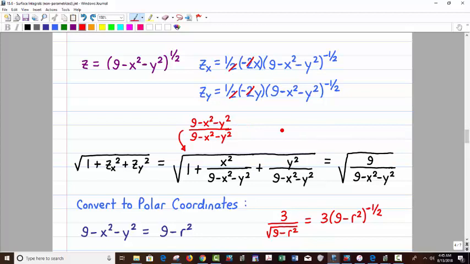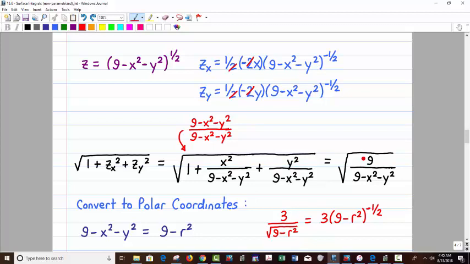I didn't show the squaring of this, but when you square this, you're going to have x squared over the exponent goes away on the bottom. This one you'll have y squared over the exponent going away. So I got a common denominator again for the 1. Combined all that together, and actually the x squareds and 9 squareds cancel.